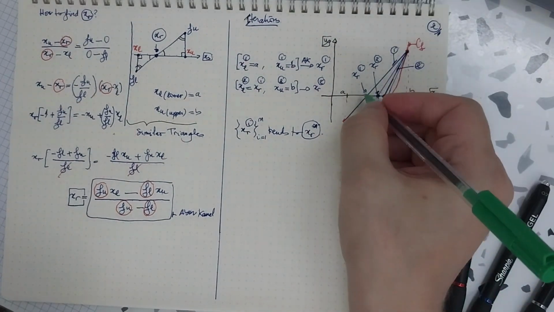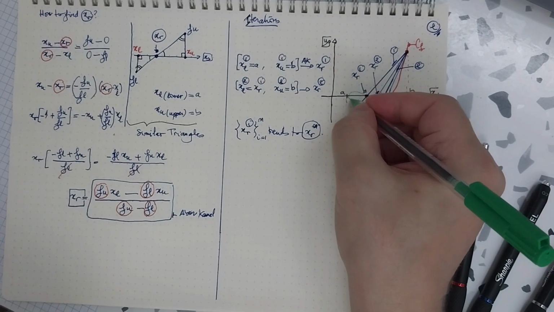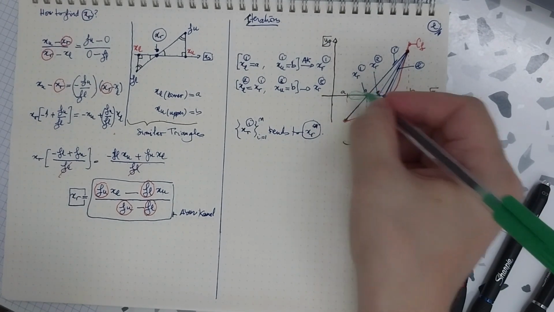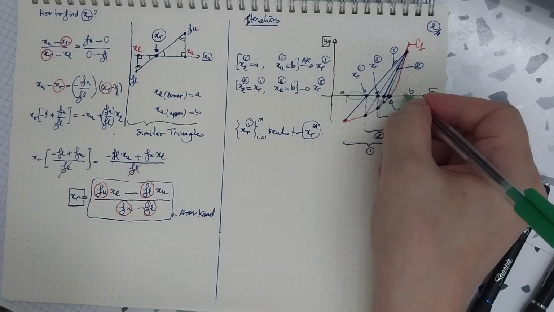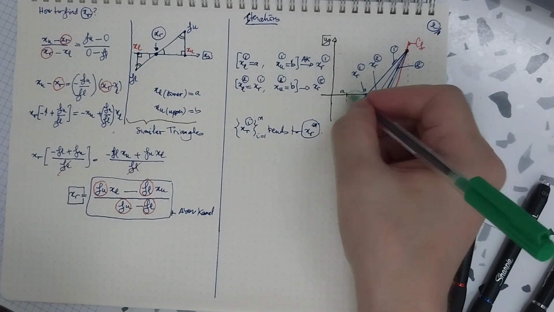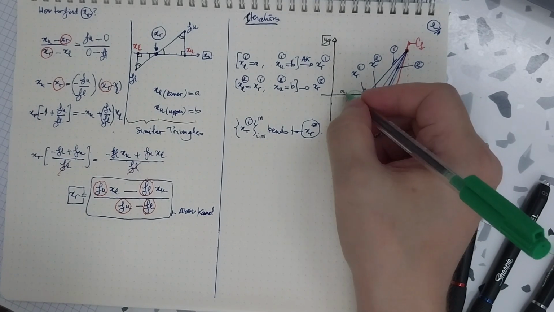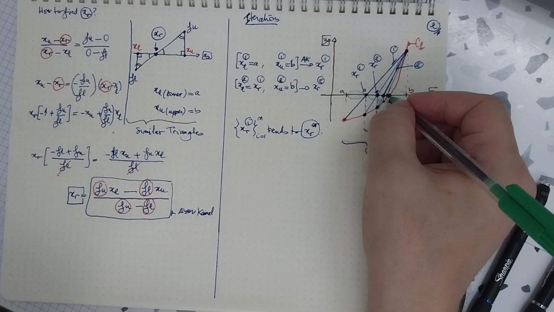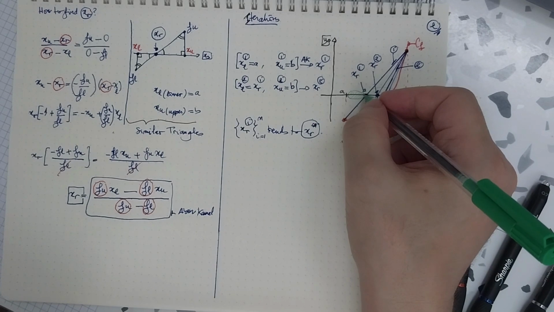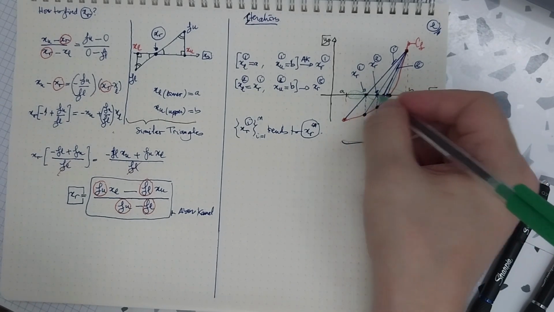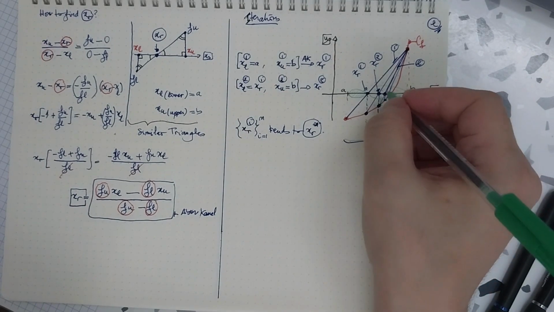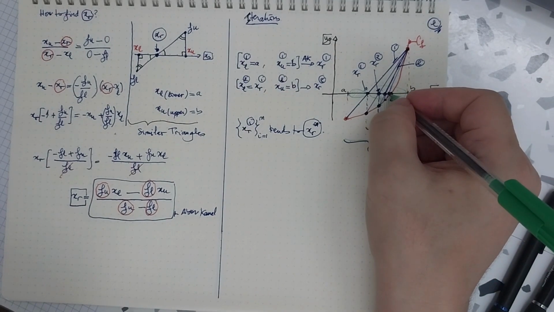But this interval contains nothing. It doesn't contain the root. So we are not interested in using it. We choose the right interval, and we continue choosing the right interval until we are close to the solution.